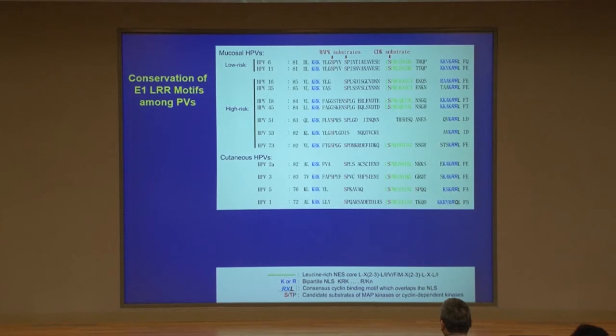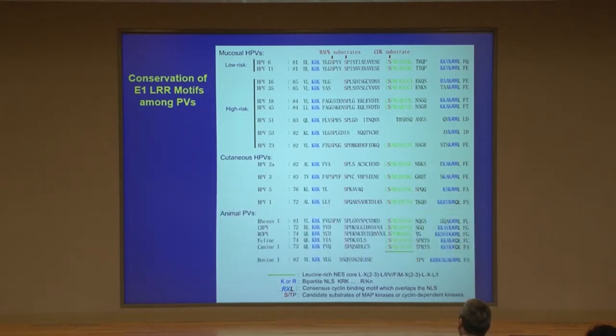Okay, what is so interesting about this discovery is the conservation of all these signals. Doesn't matter high risk, low risk, or cutaneous virus, they all have the same signal.